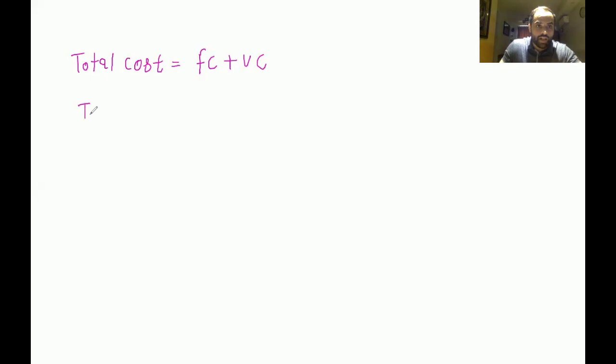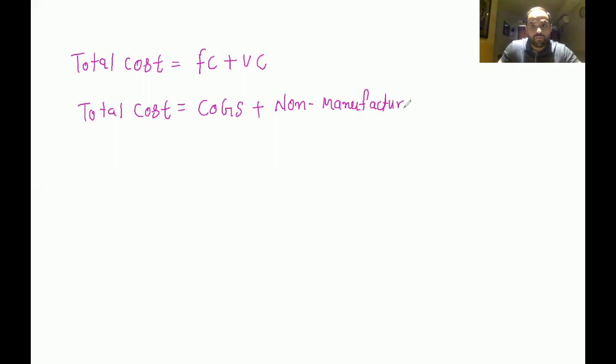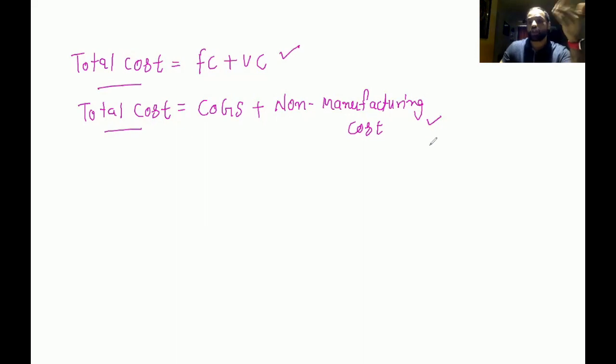And by operations, total cost is a combination of 2 types of cost, which is cost of goods sold plus non-manufacturing cost. That is your total cost. So total cost by behavior, total cost by function or by operation. Sometimes we call it by functions because a company has the 2 main functions, manufacturing and non-manufacturing.